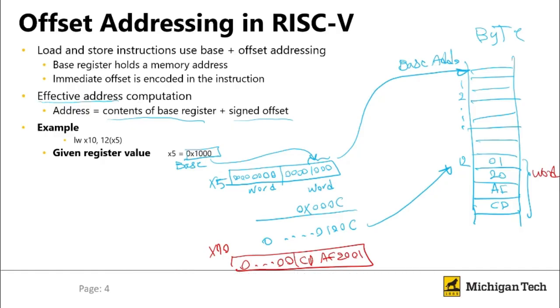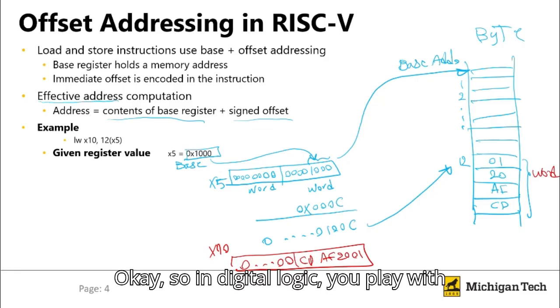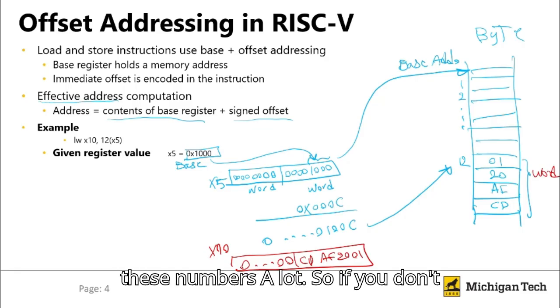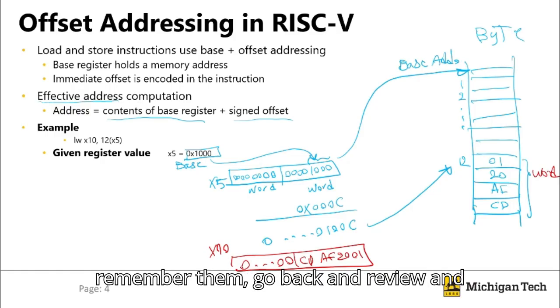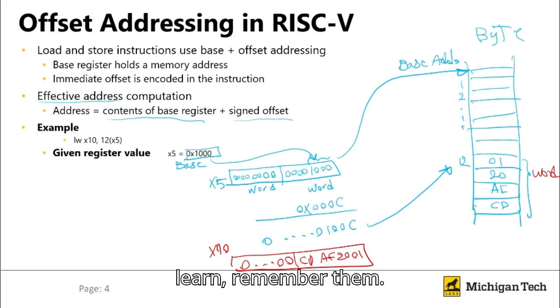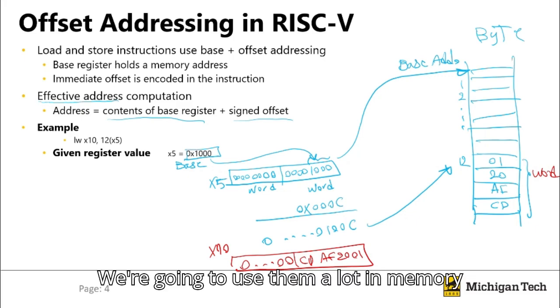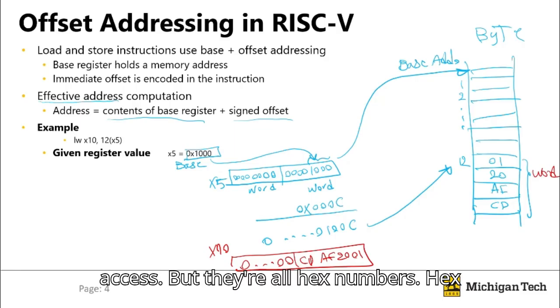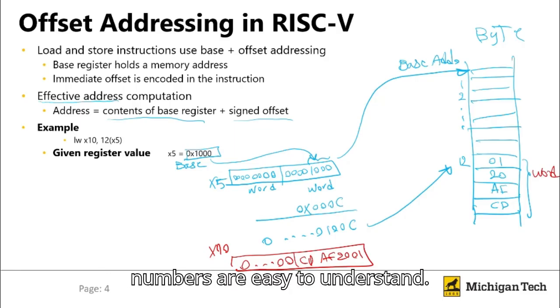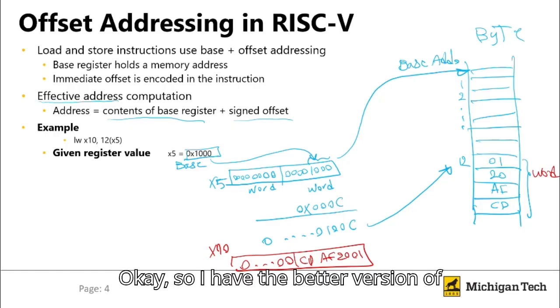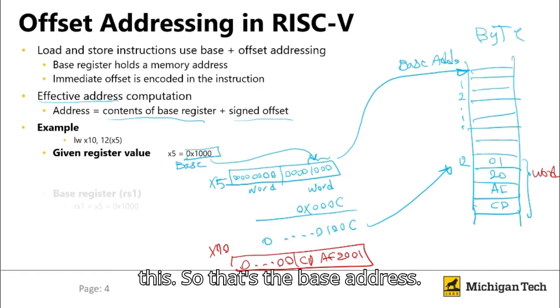Okay, so in digital logic, you play with these numbers a lot. If you don't remember them, go back and review and learn them. We're going to use them a lot in memory access, but they're all hex numbers. Hex numbers are easy to understand. Okay, so I have a better version of this.